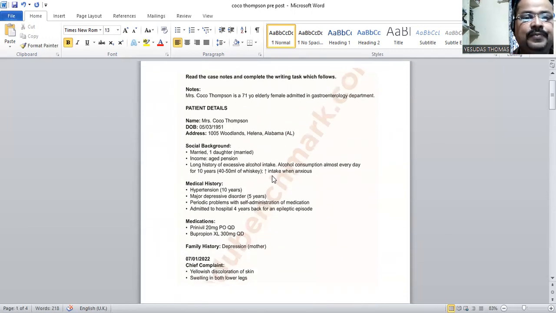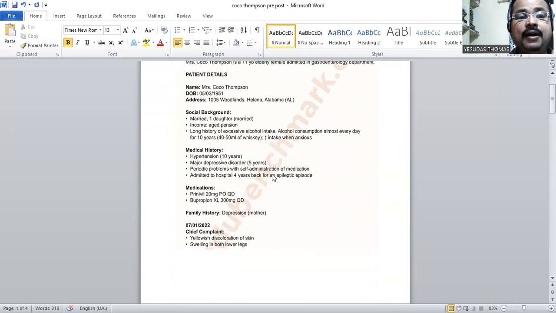So we have the patient name as Mrs. COCO Thompson, and date of birth is 5 March 1951.